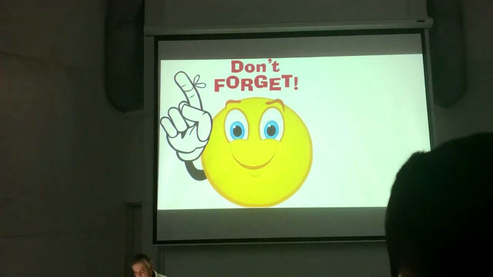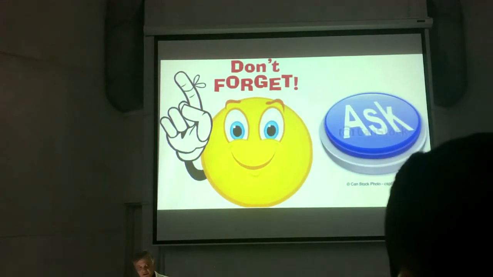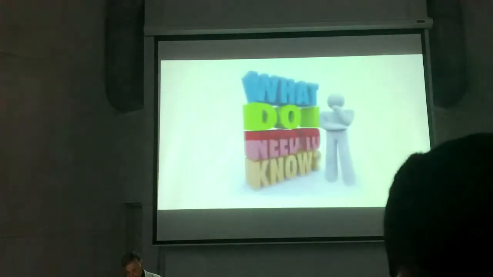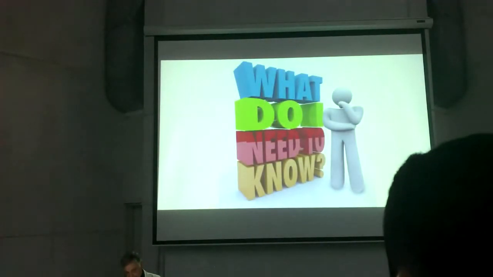Don't forget, ask. Peritoneum, arrangement of peritoneum and greater sac, lesser sac, pouches. Not a lot of people know well about them, and it is a difficult subject, so please ask. And what do I need to know?